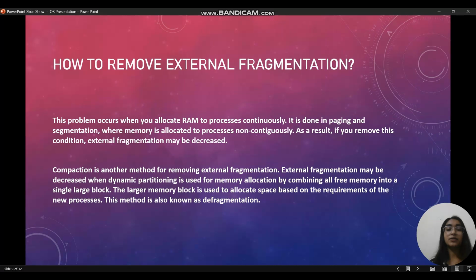Compaction is another method for removing external fragmentation. It may be decreased when dynamic partitioning is used for memory allocation by combining all free memory into a single large block. The larger memory block is used to allocate space based on the requirements of the new processes. This method is also known as defragmentation.